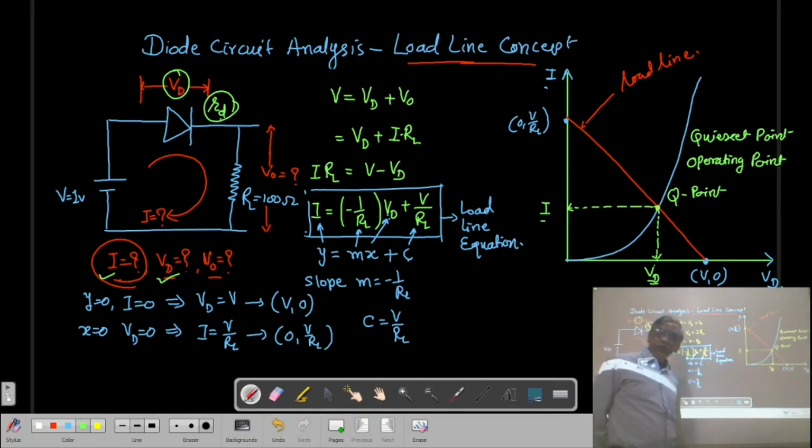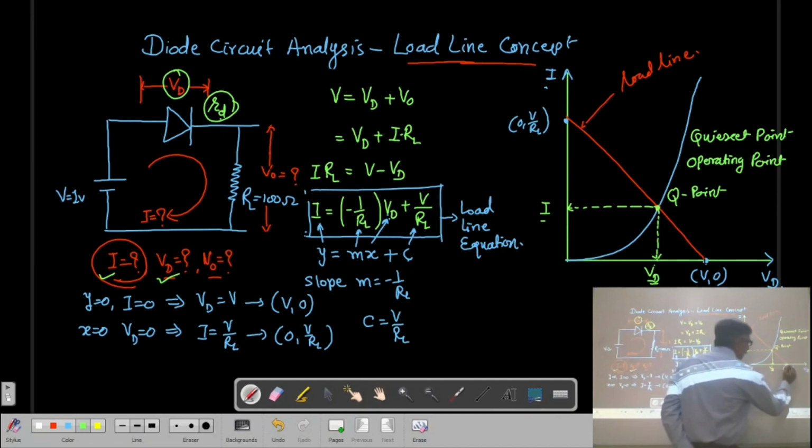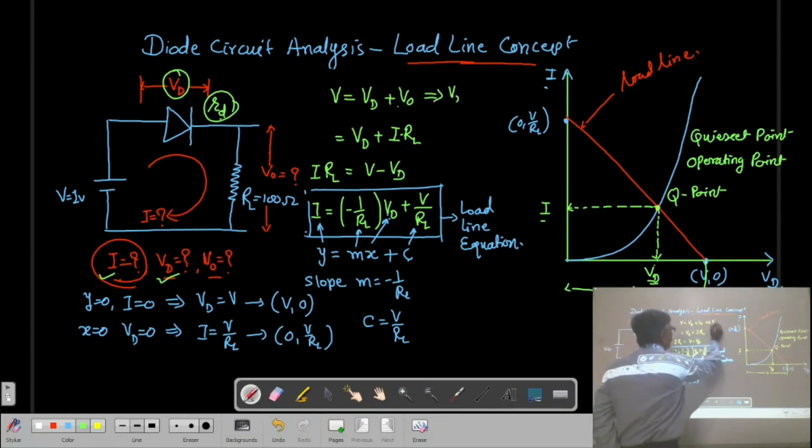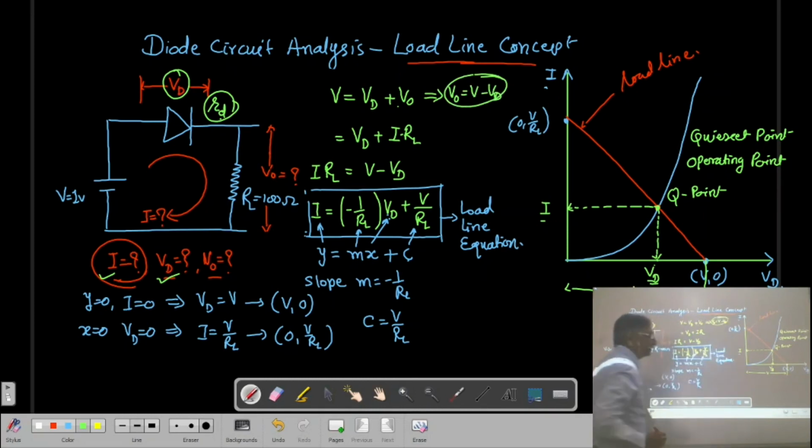What about the output voltage, VO? Here you can see that this voltage is V. And VO will be equal to V minus VD.